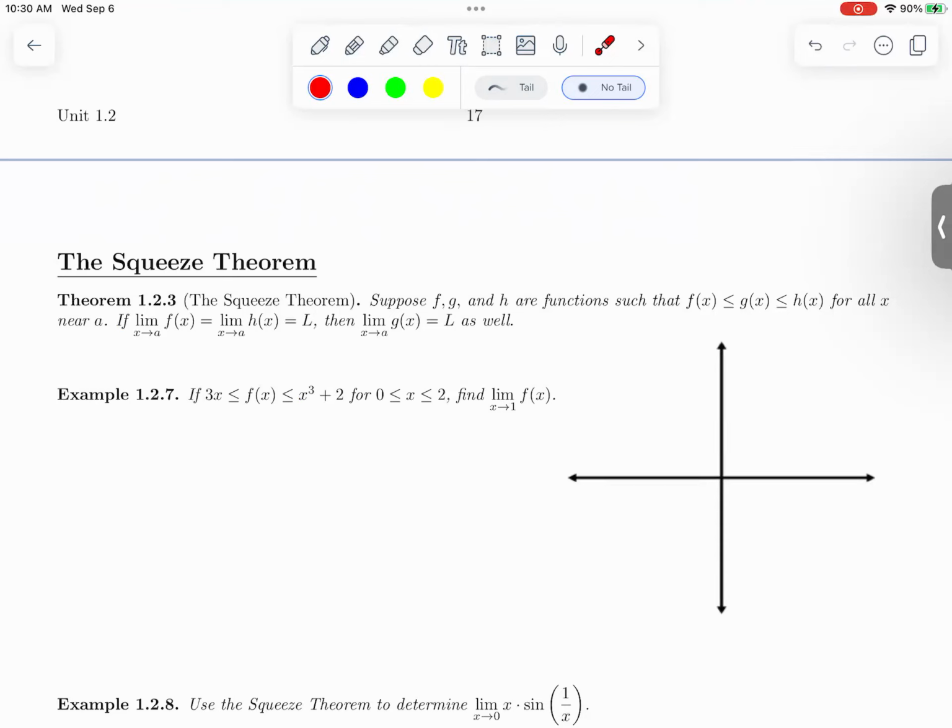And so one of the ways that you can kind of visualize this, I've drawn a graph here. So let's draw the three different functions. Let's make h into the quintessential calculus graph, like this. That's going to be h of x. Let's make a tick mark here for a.